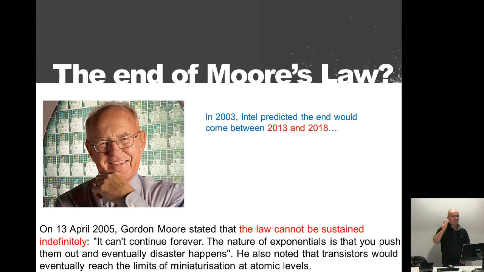You are going to make transistors smaller and smaller, but at some point the transistor will have the size of an atom. Can you get a transistor smaller than an atom? We know that now we have discovered the quarks, the boson. So are you going to have quarks as transistors? Possibly not. So there is a physical limit.